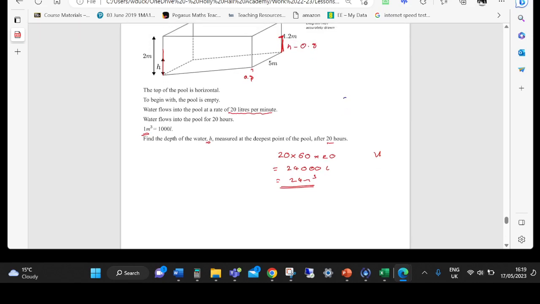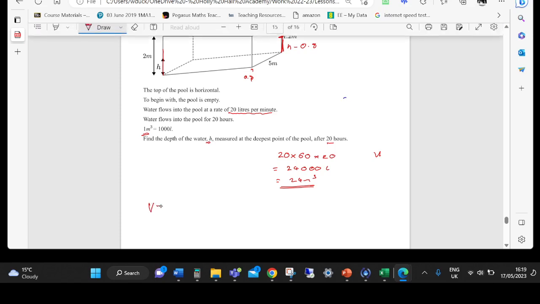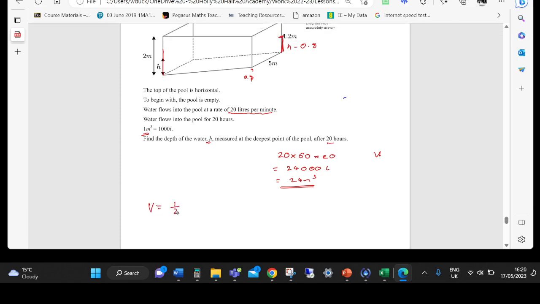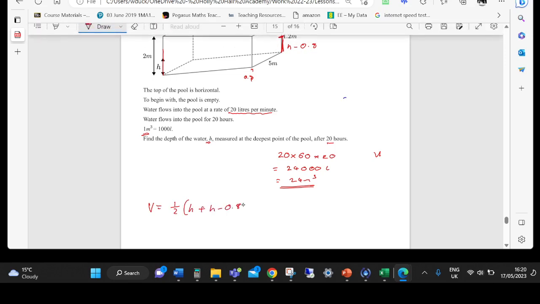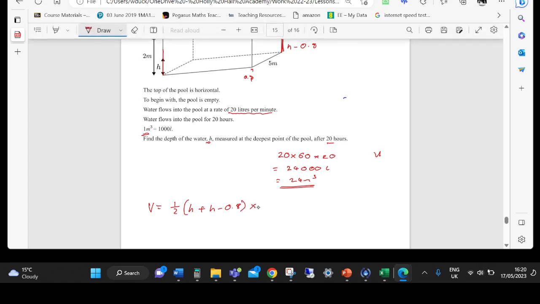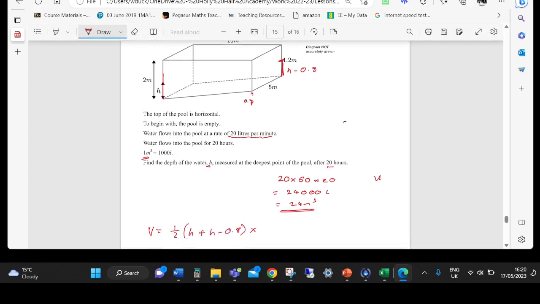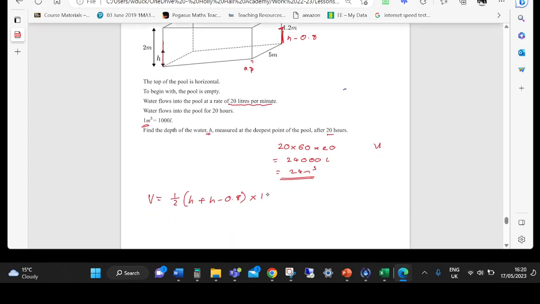So I'm going to say that the volume of the pool is going to be equal to a half of h plus h minus 0.8, times by the length 10, times by the width, which is 5.